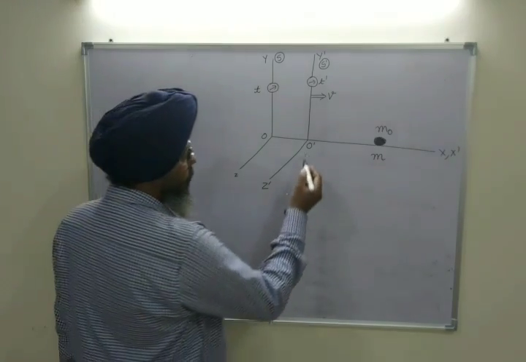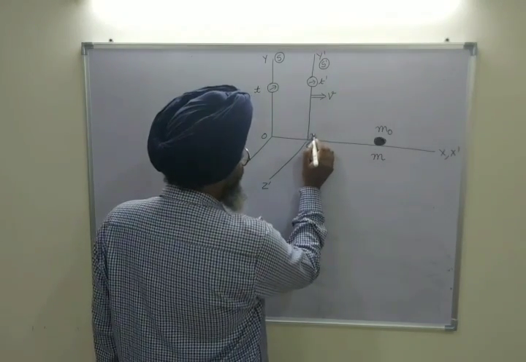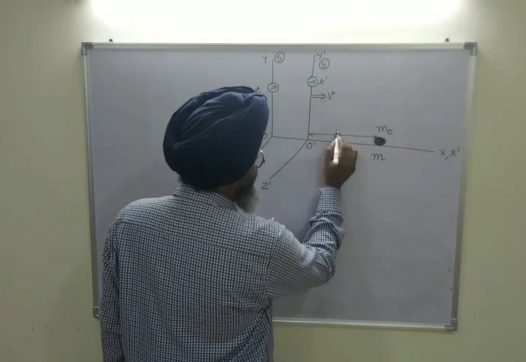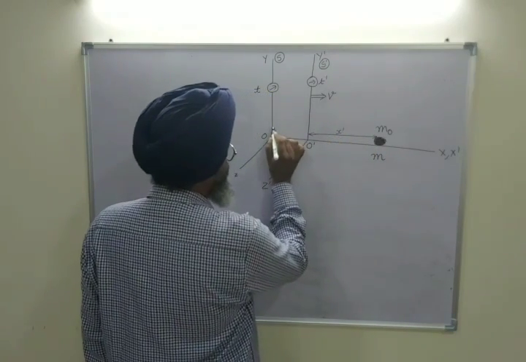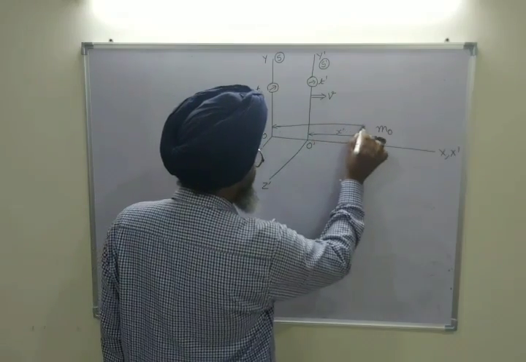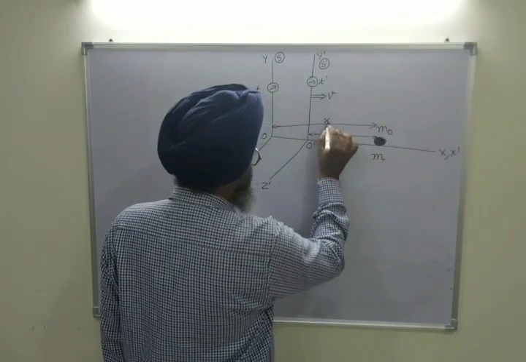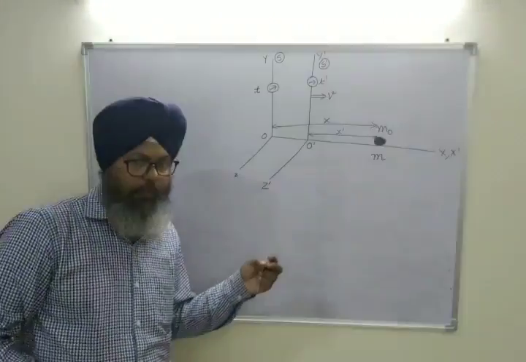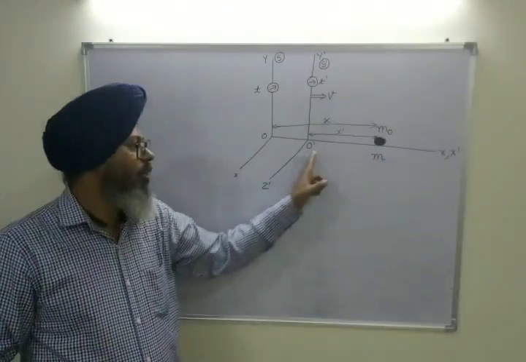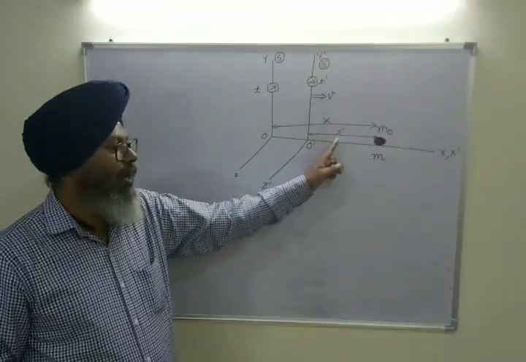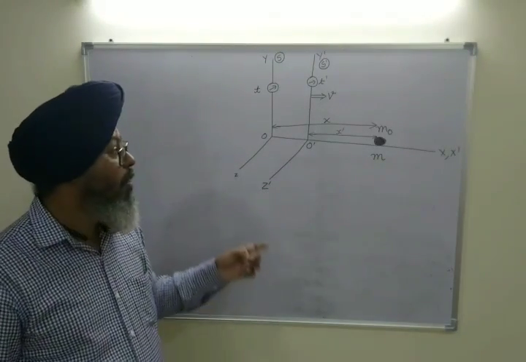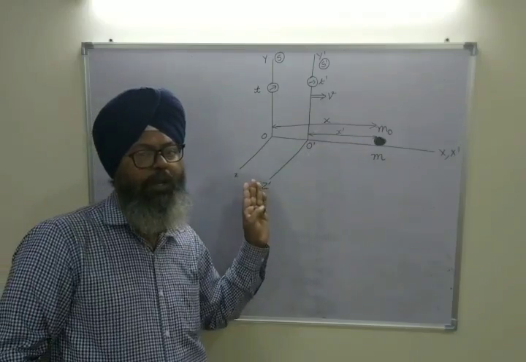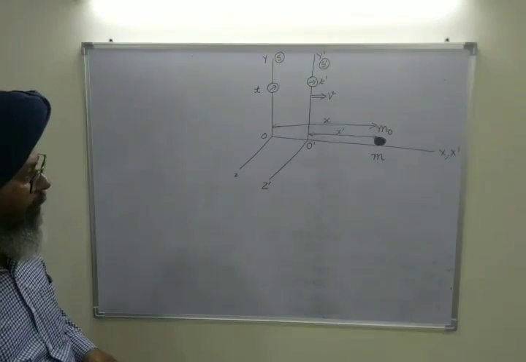And the position of this object from O dash is x dash, and position of same object from O is x. It is important to note here that x dash is constant because this object is at rest with respect to O dash, so x dash will always remain same. On the other hand, x will continue to increase since the object is going away from origin with time.